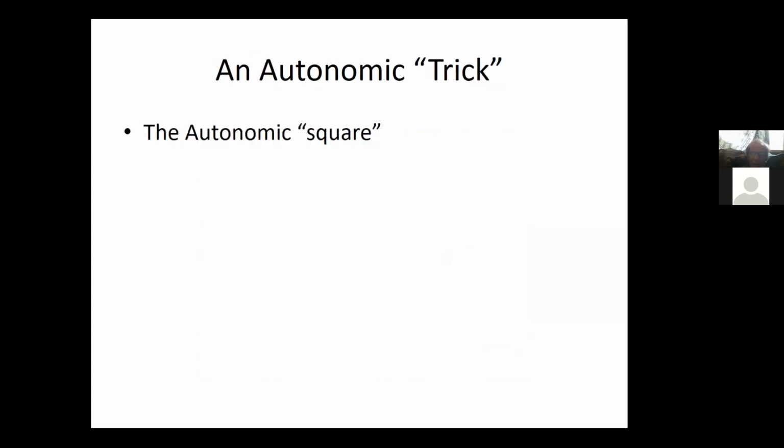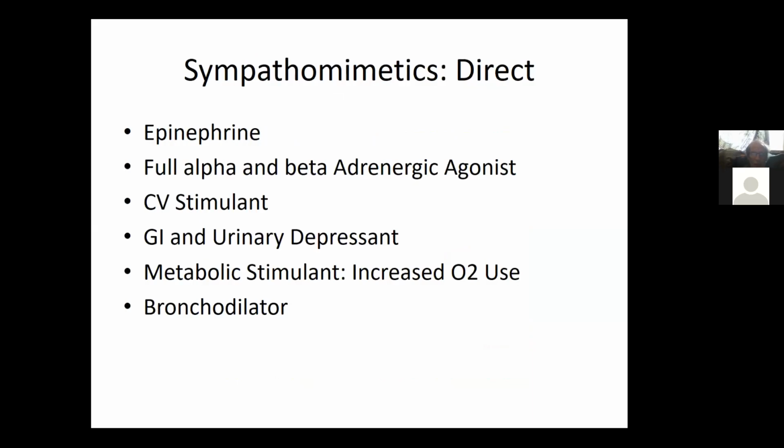Okay, so last time we were talking about the little tool, which I call the autonomic trick. And so that brings us to our category of direct acting sympathomimetics. And as we were talking about before lunch, the direct acting sympathomimetics are parallel in one context with the direct acting parasympathomimetics, in that they all invoke for at least a significant part of their mechanisms of action, direct actions at various categories of receptors.